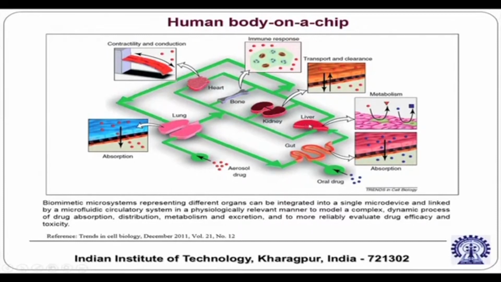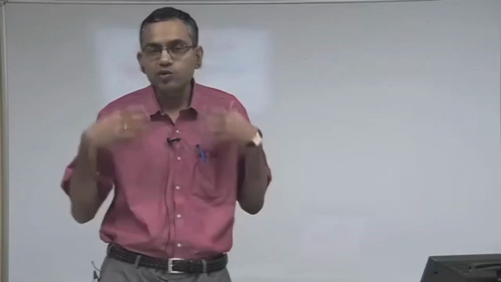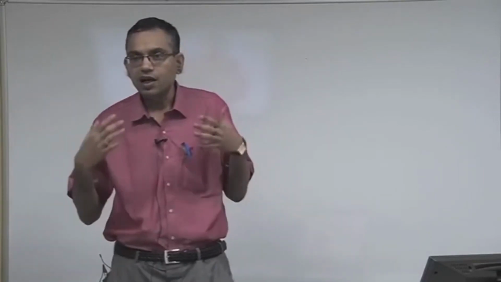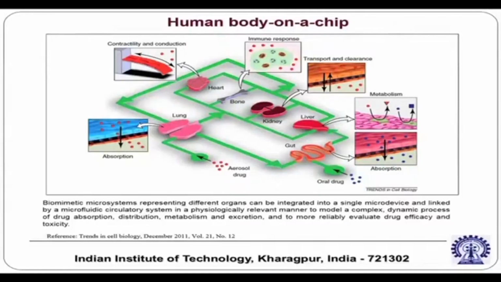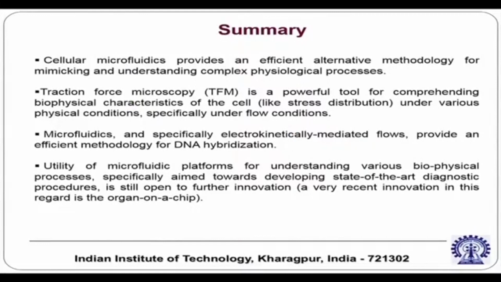And then these notional organs, not physical organs, are connected through a complex microfluidic network. So this is called human body on a chip. So I think that human body on a chip is going to be one of the futuristic platforms that can replace the animal trial based drug screening systems.